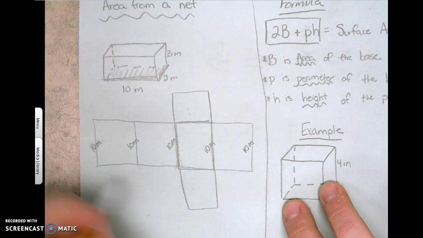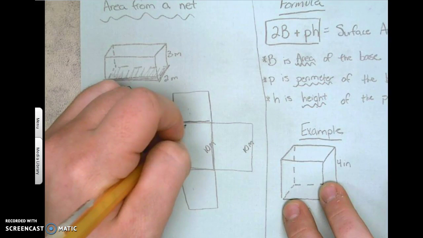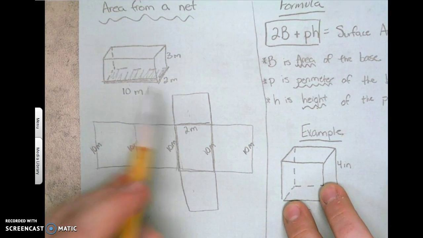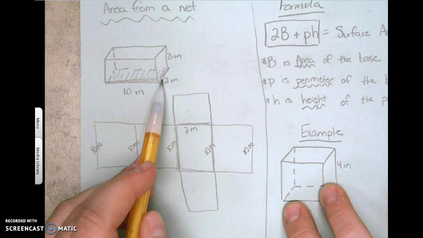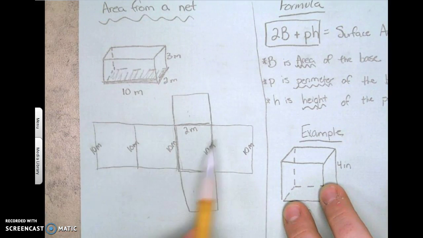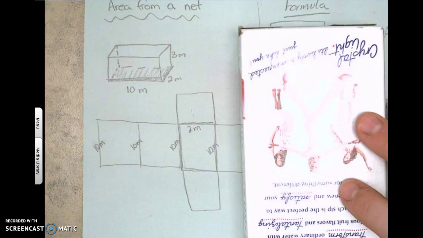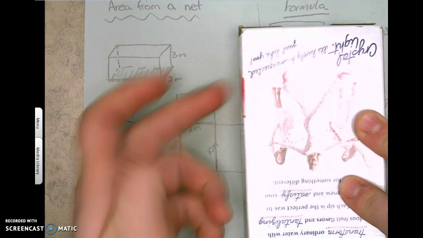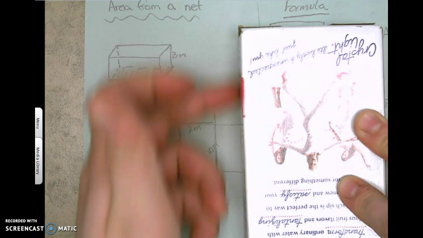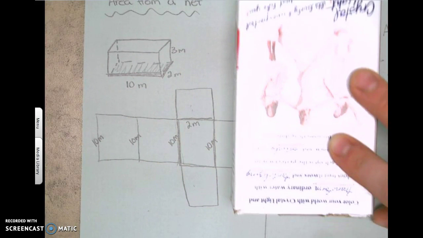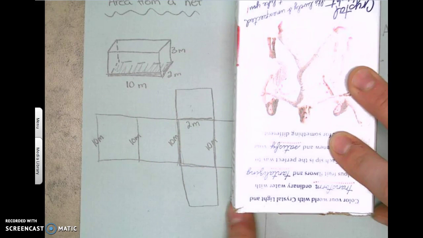So we've got the bottom, and this is 2 meters. So now, as you look at this, if I were to fold these 2 sides up, this is my rectangle, I've got these are 10 along the bottom, so this part here is my 2.